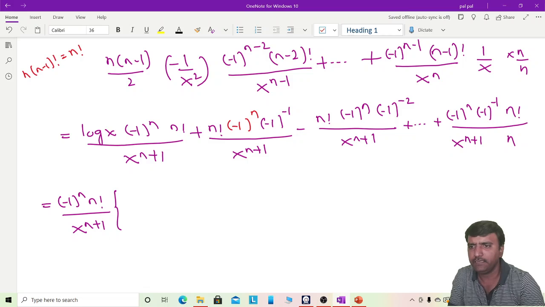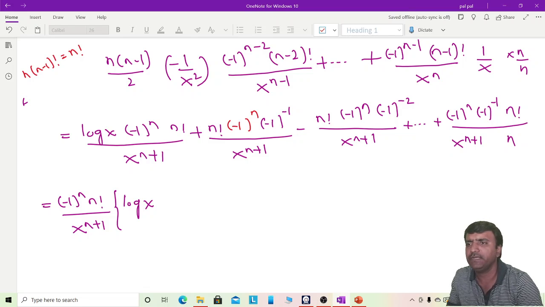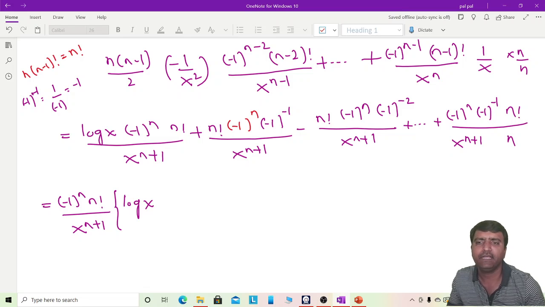Then remaining here is log x plus, you see here we have minus 1 to the power minus 1. What is minus 1 to the power minus 1? It can be written as 1 by minus 1, that is minus 1. So this term becomes minus. So you write minus here, and we take n factorial outside, minus 1 to the power of n outside, and x to the power n plus 1 outside. So remaining is 1 here.